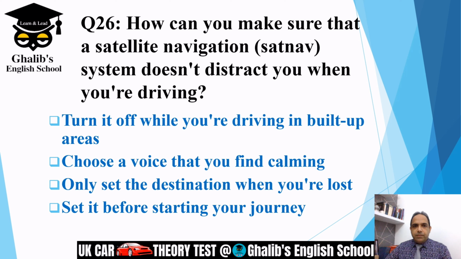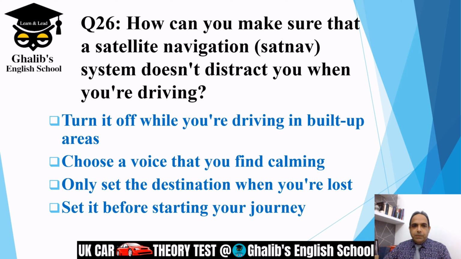Question 26. How can you make sure that the satellite navigation or sat-nav system does not distract you when you are driving? When you follow the sat-nav, sometimes you put the wrong address in there and it confuses you. You keep going round and round.